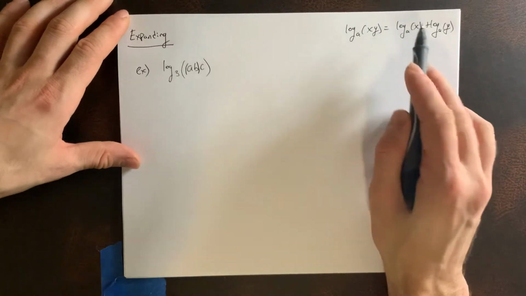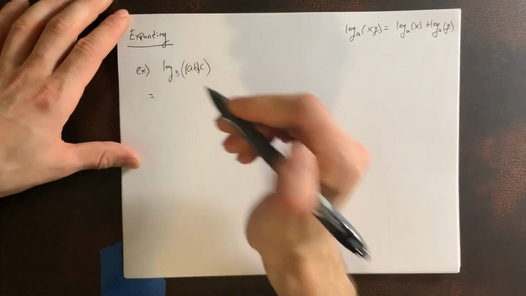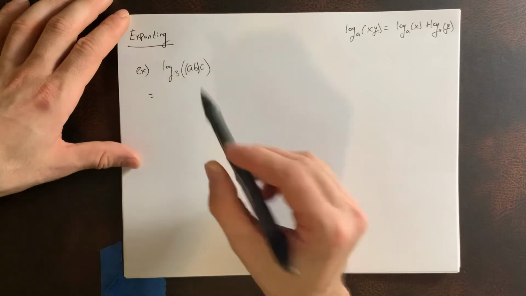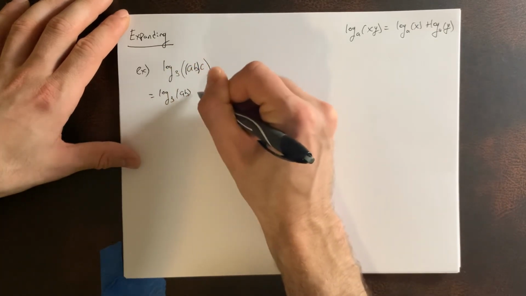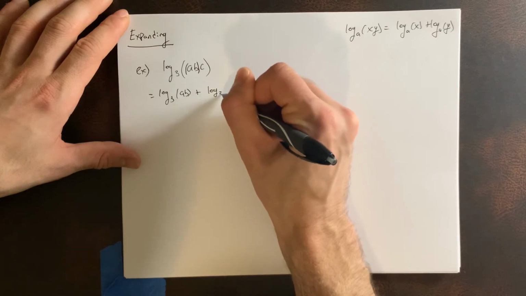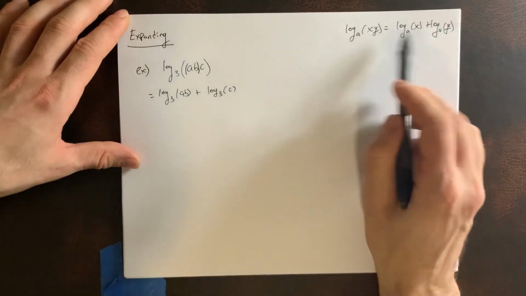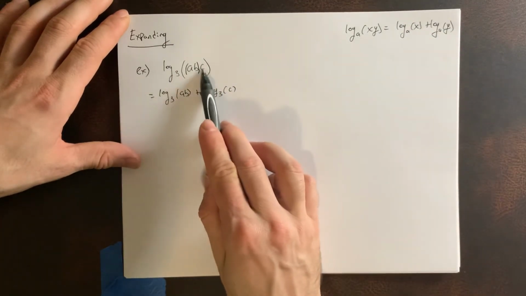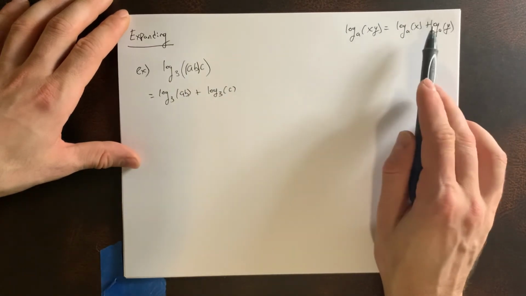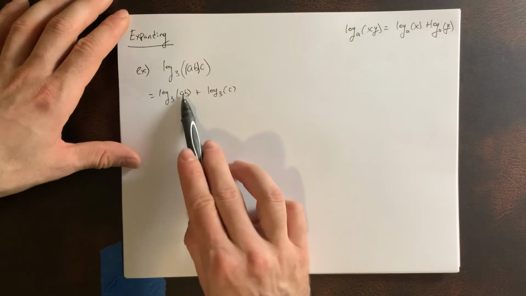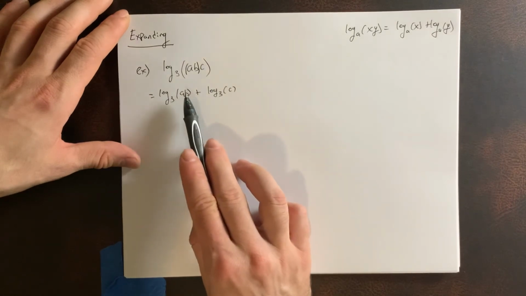So we can use this rule over here to expand this out. We have AB times C, so we can write this as log base 3 of AB plus log base 3 of C. So all we're doing is using this property here. We have this piece times this piece, so we can break it up with addition. But now when we get to this step, we see we have that same thing again. Here we have a times b.